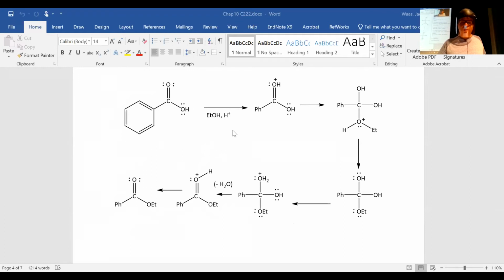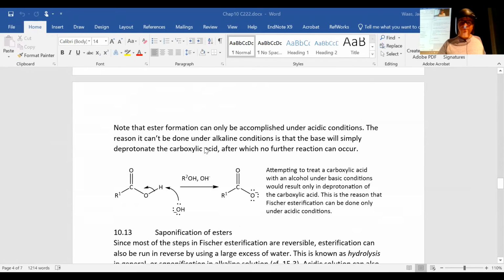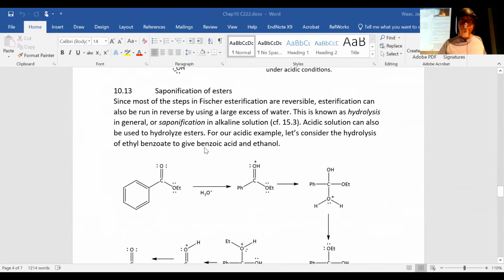I can do another example if need be, or we might be able to do one later if there's time. This is just one example. This could be any carboxylic acid and any alcohol, and you could get an ester.